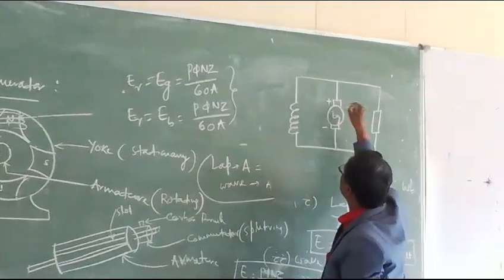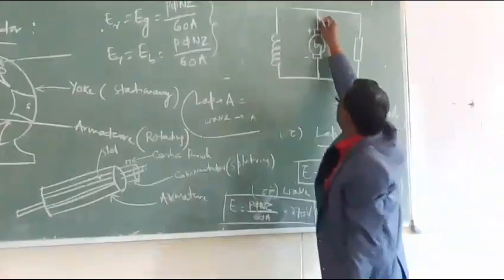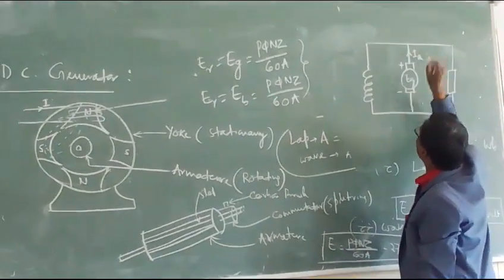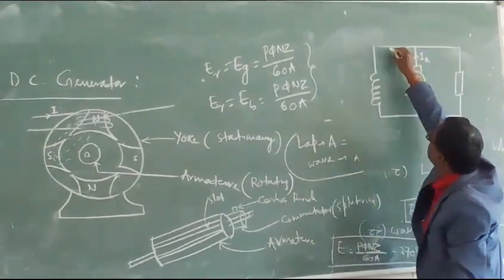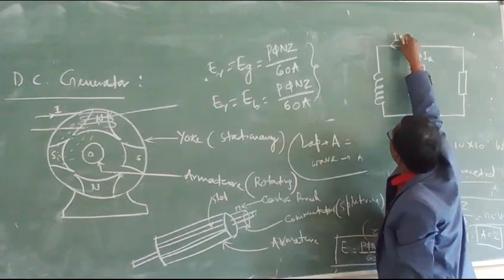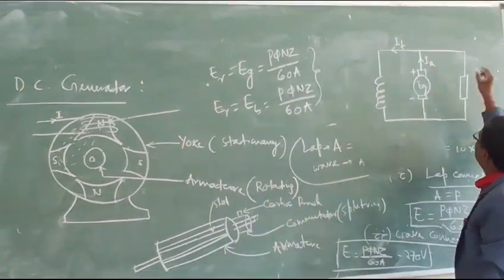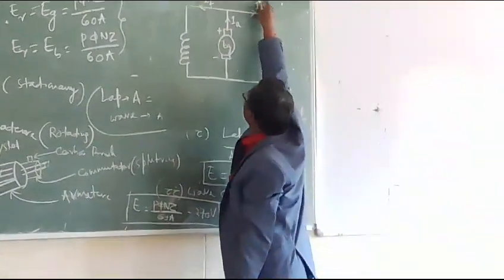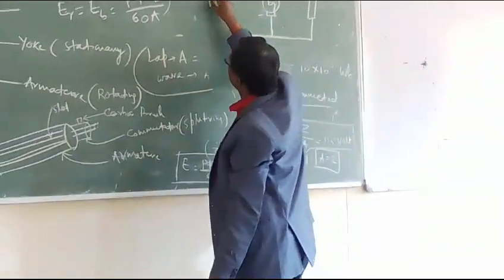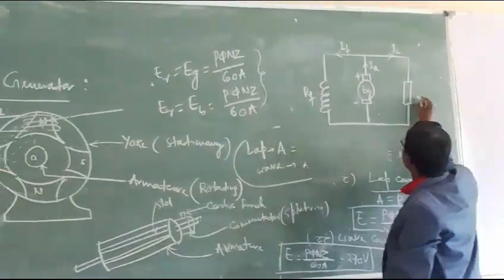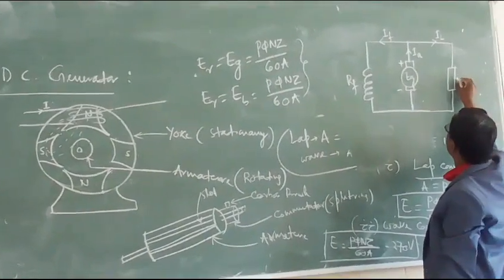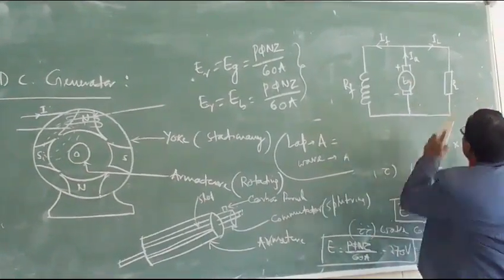These are your losses. Once EMF is generated, current can flow, the armature current, and this is your field current or shunt current, and this is your load current. So this is your field winding resistance, and this is your load resistance. So this we can take as the load.